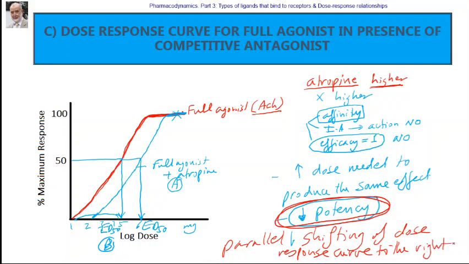So you need more of the agonist to produce the same response.